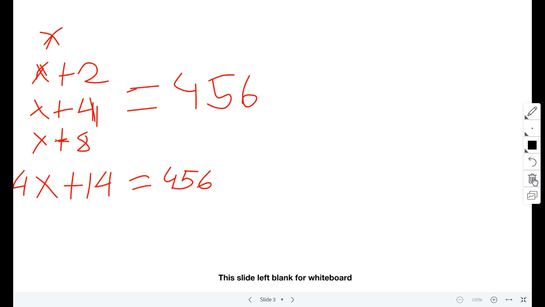So 4x equal to 442. So x is equal to... wait, did I do that correct?